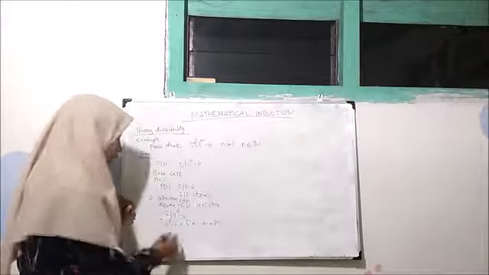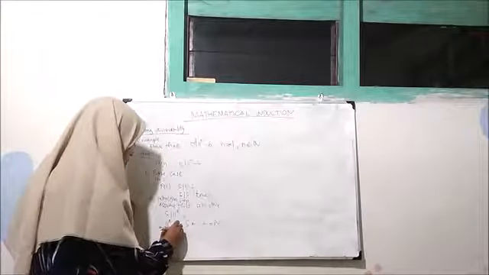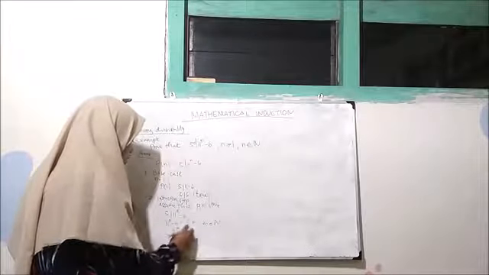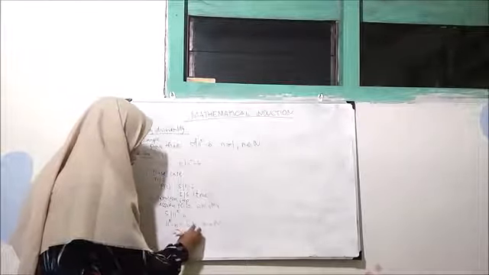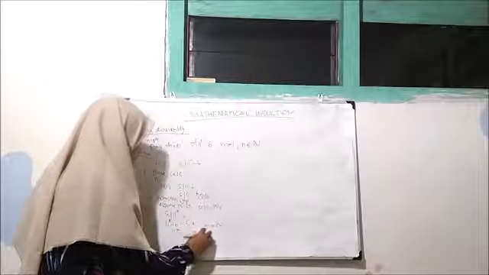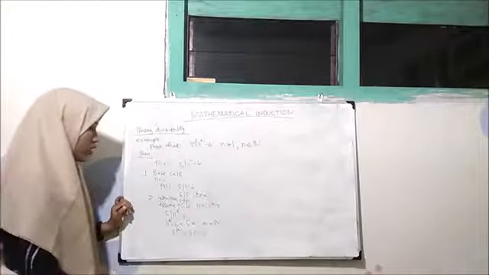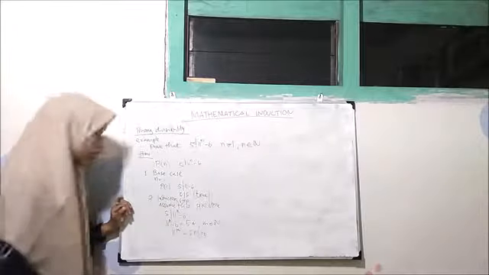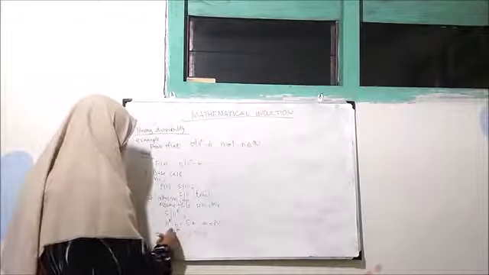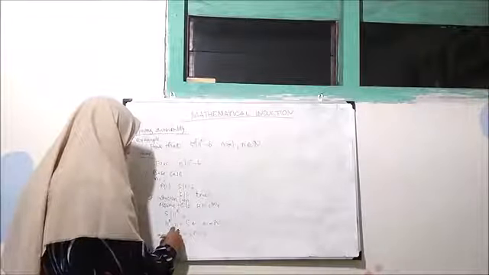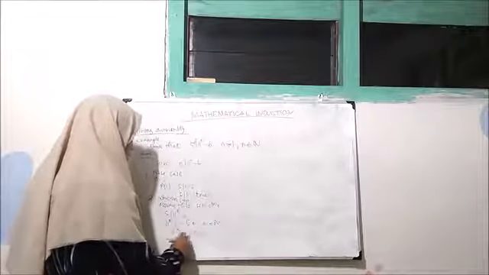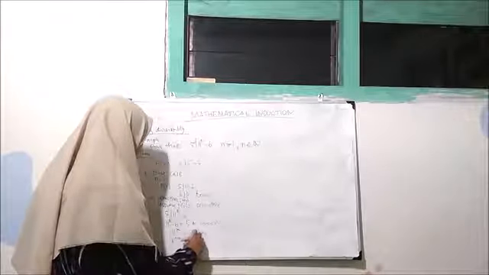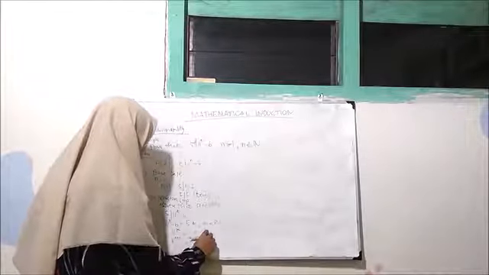From this we get 11 to the power of k is equal to 5m plus 6. We multiply both sides by 11. We get 11 to the power of k plus 1 is equal to 11 times 5m plus 6.